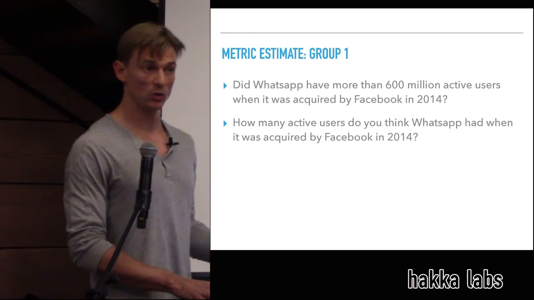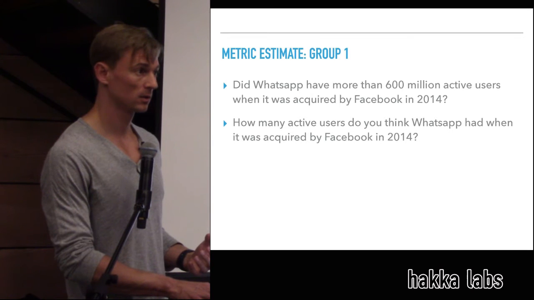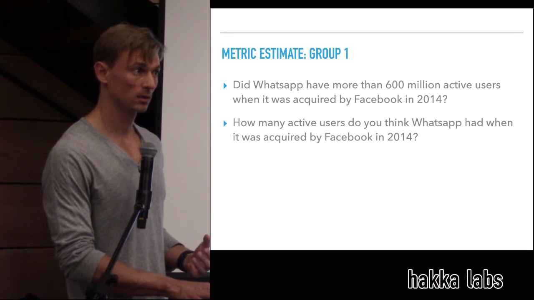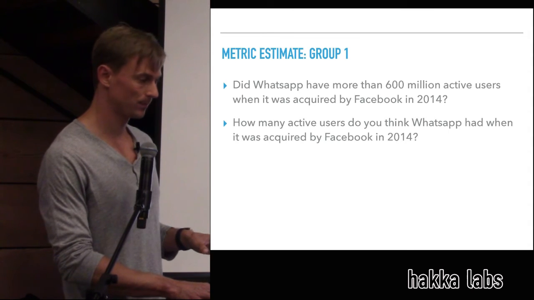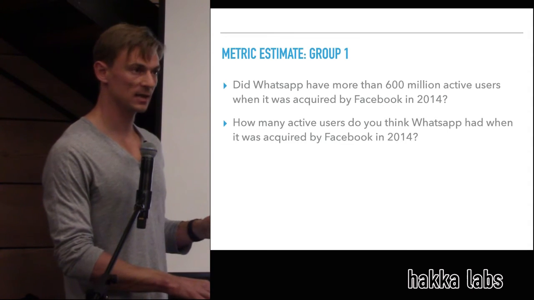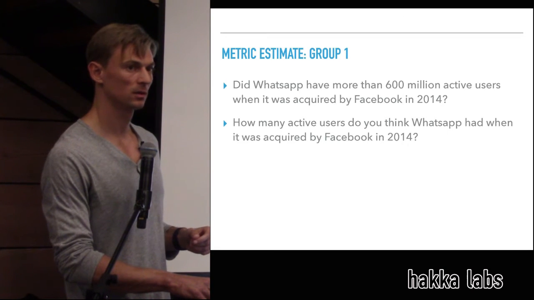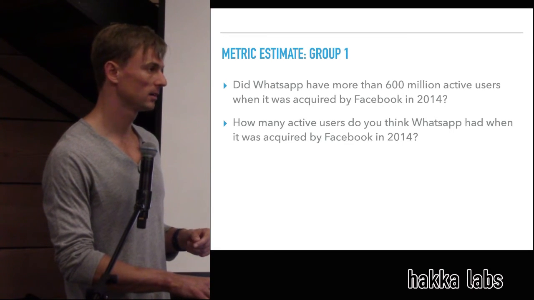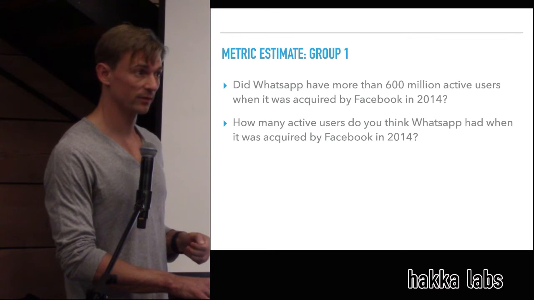Raise your hand if your answer was between 0 and 250 million. Okay, take a look around, make an estimate. Okay, next block, 250 to 500. Okay, and 500 to 750.